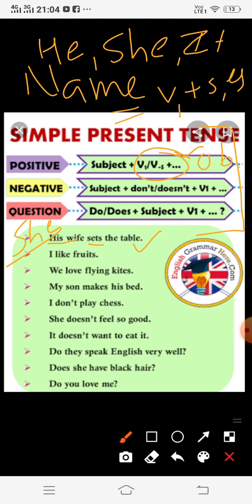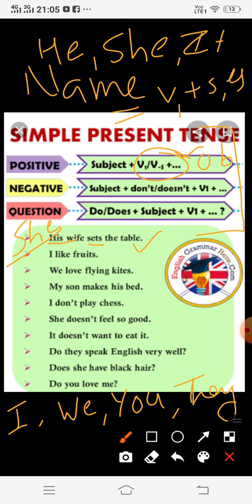In the same way, I, we, you, and they have only the first form alone. You can see this in the second and third examples. I like fruit.